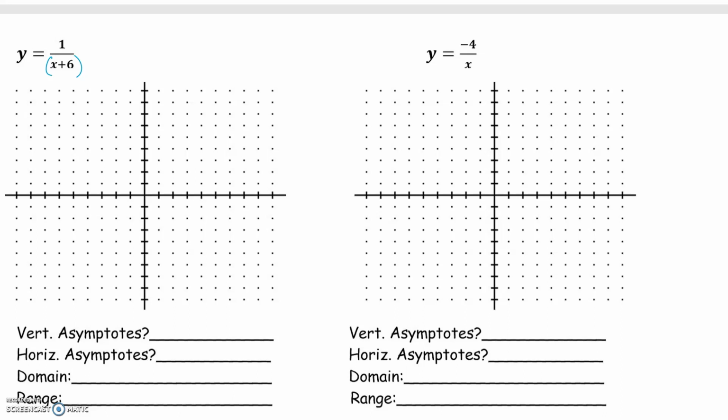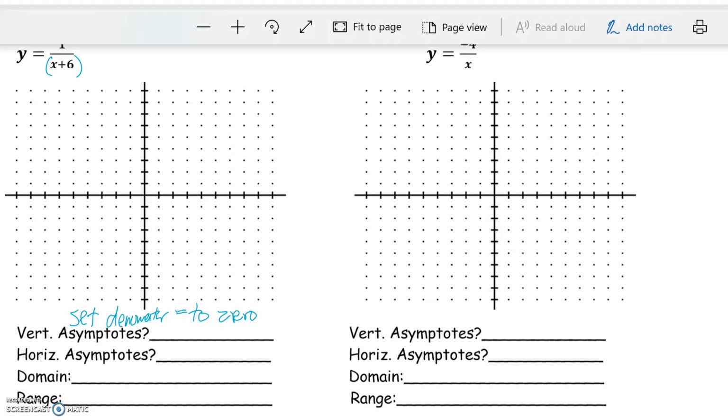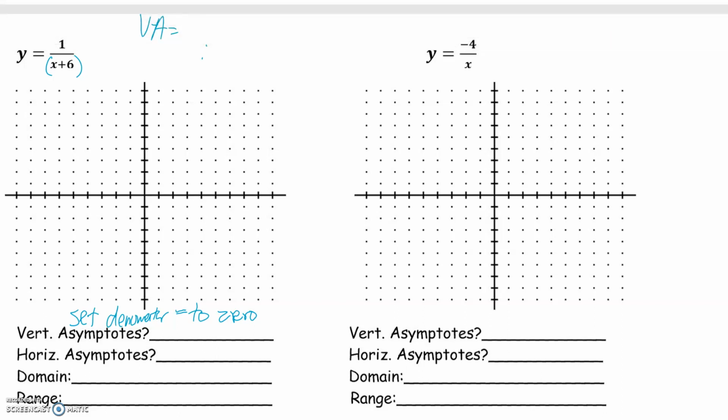So in order to find the vertical asymptote, set the denominator equal to 0. That is x plus 6 equals 0.